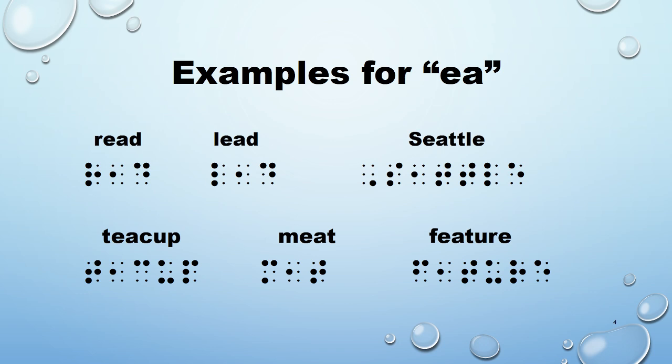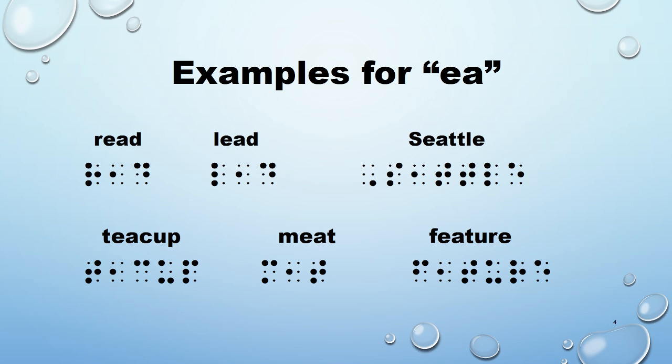Next, lead, almost the same as read. And also we have Seattle. Of course, we need to capitalize the first letter, which is letter S. And we can use the contraction for EA followed by letters T, T, L, E.